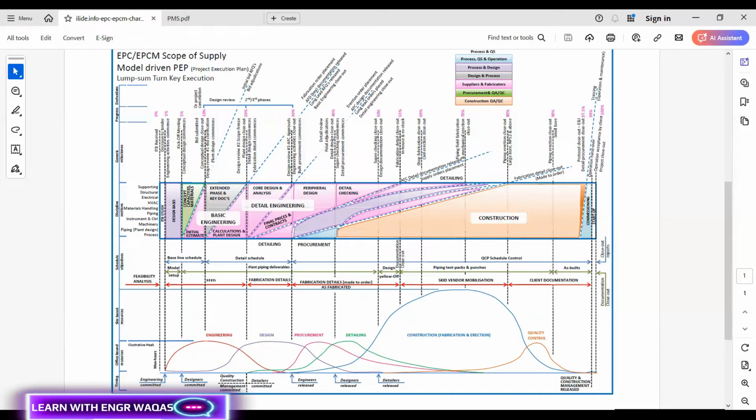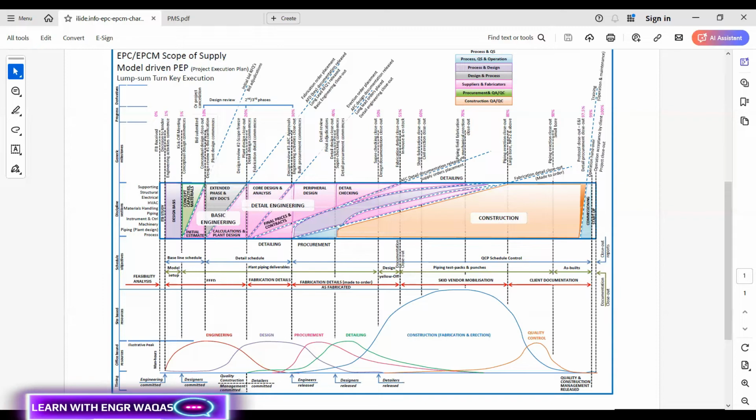Such components are part of piping, test packs and punches. Punches means a specific document which covers deficiencies, things not yet provided or installed. You can refer to it, and in future you will incorporate all those things. So that is piping.